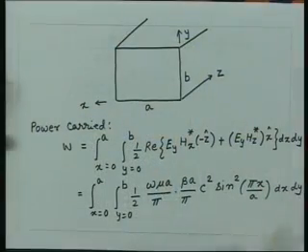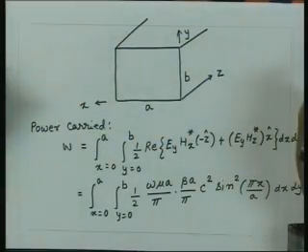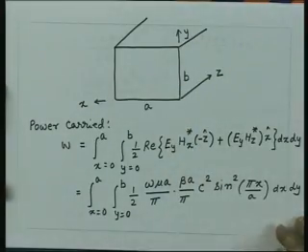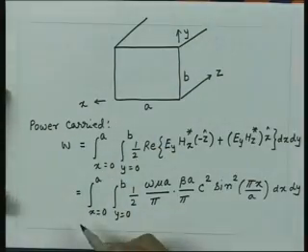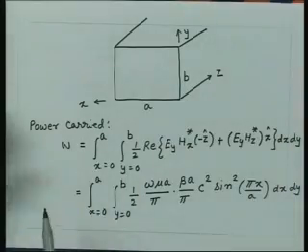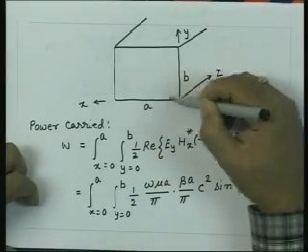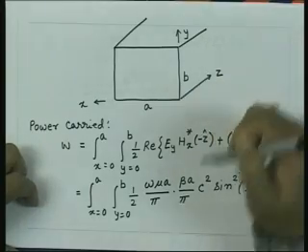The power calculation for the loss in the waveguide is rather tedious, because in case of parallel plane waveguide, we had only two planes and the current distribution was also very simple, the current was moving only in z direction. So we could integrate it very easily. If you recall, the current which is flowing on the surface of this waveguide is quite complicated.